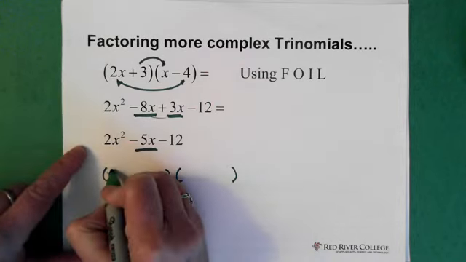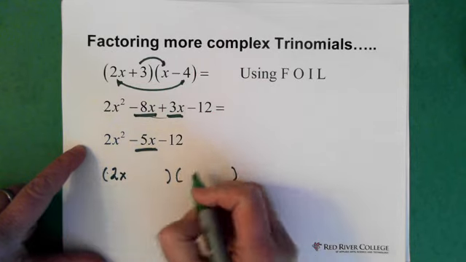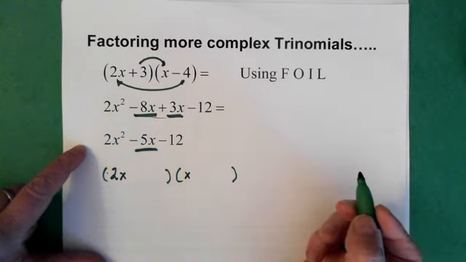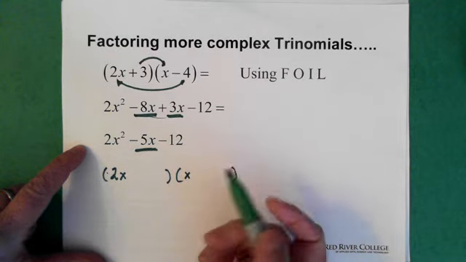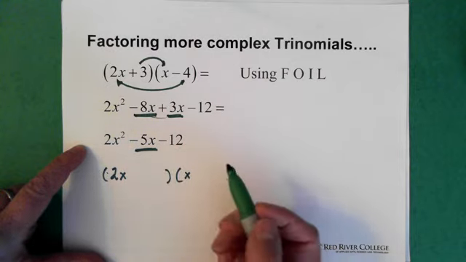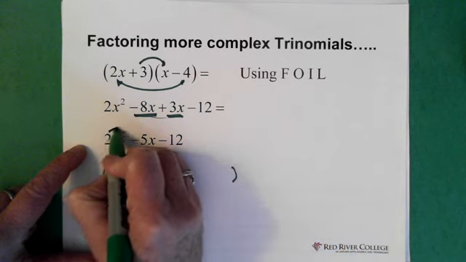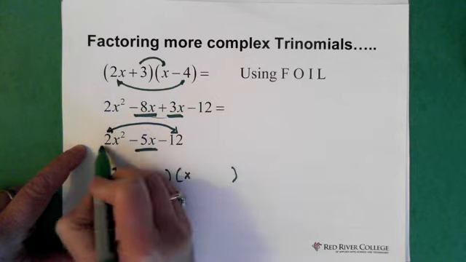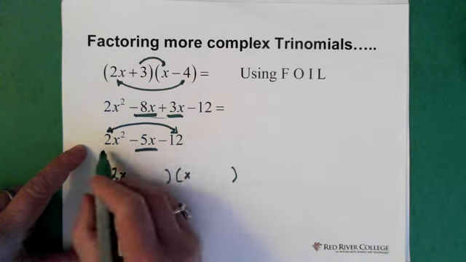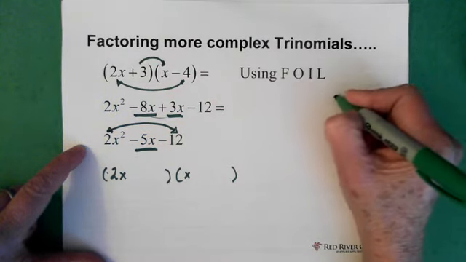So I'm going to make it easy for myself: 2x and an x. Now whenever I'm working on a question like this and it feels a little more difficult, I'm a little more unsure about what to do, I always start by multiplying these two constants together. So the 2 times the 12, and that gives me 24.